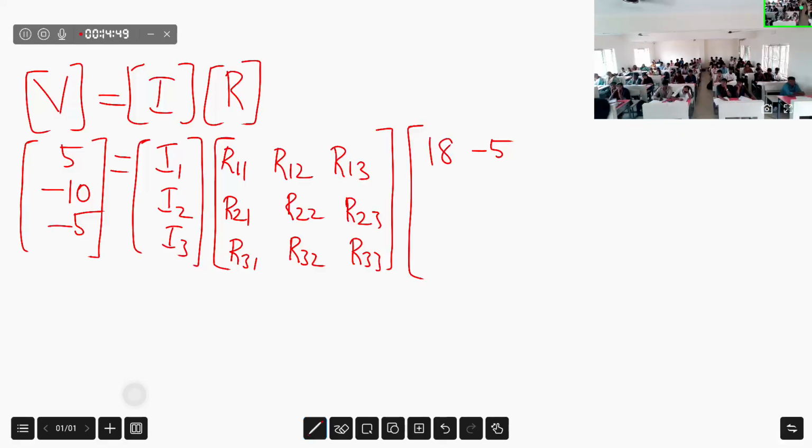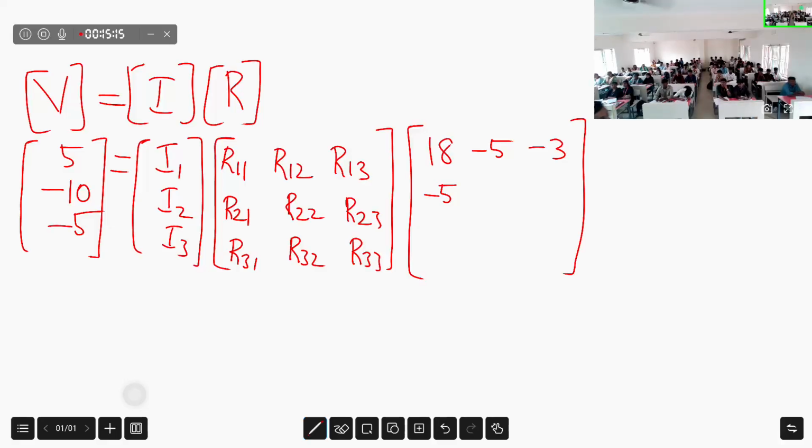R21, 2 and 1 க்கு என்ட்ரில இருக்கு -5, 2, 2. So 2 ல மட்டும் இருக்க எல்லா ரெசிஸ்டன்ஸ் 5 plus 2 plus 1, which means 8. ஓகேவா? நெக்ஸ்ட் R23, 2 1 3 again minus என்ன வேல்யூ வரும்?